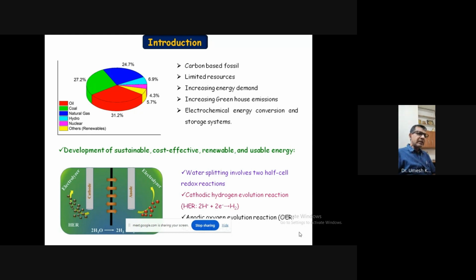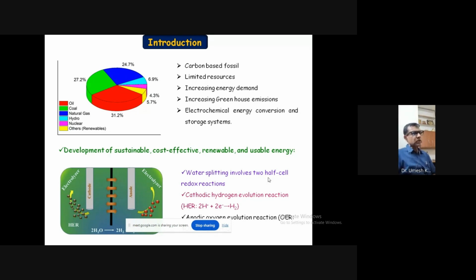Water splitting involves two half-cell reactions: the cathodic hydrogen evolution reaction and the anodic oxygen evolution reaction. Here I am going to discuss some of my complexes and materials that have been used for the oxygen evolution reaction.